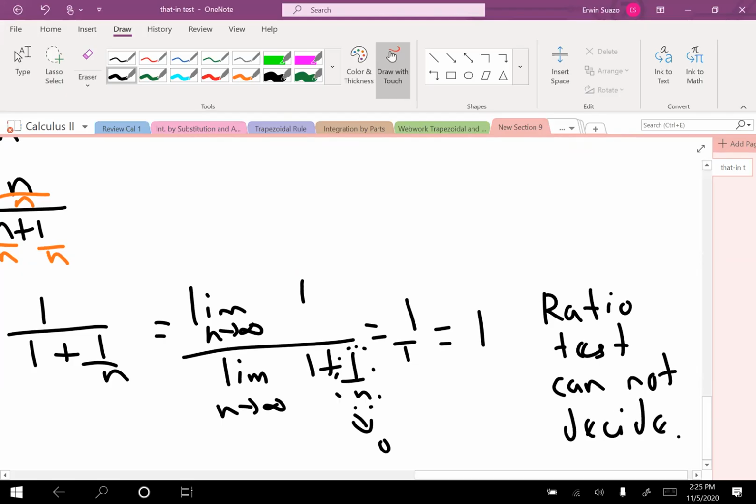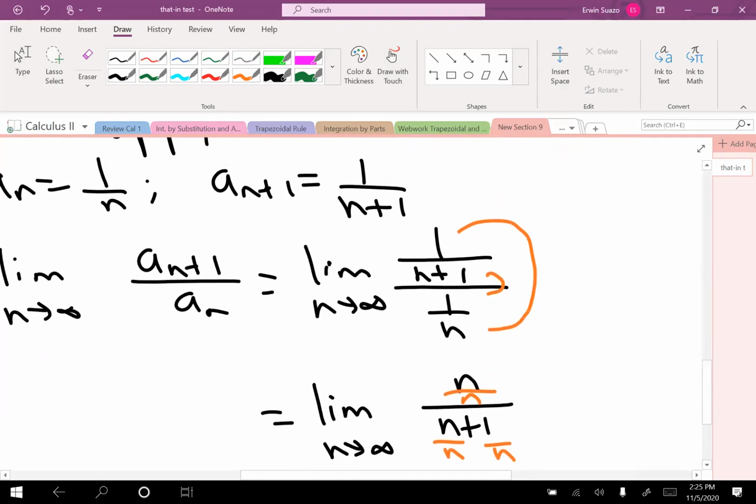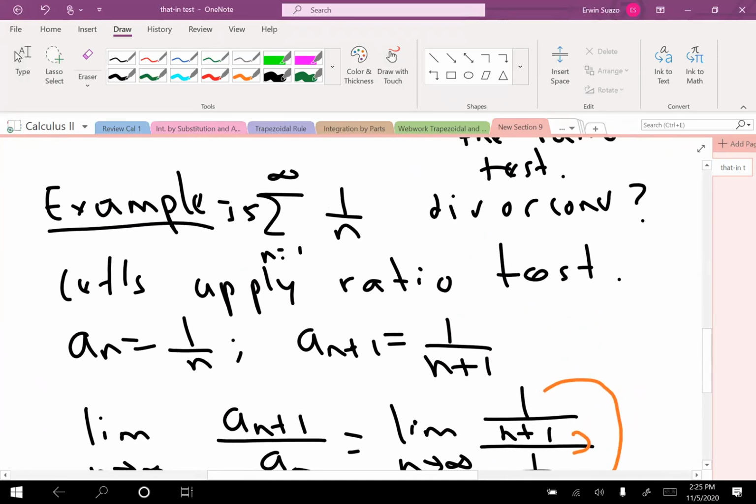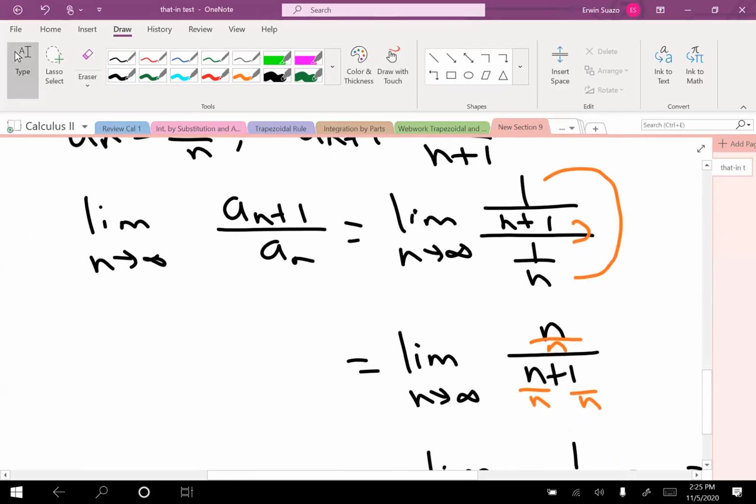So the ratio test is not almighty. If you get 1, then you have to find something else. That's why we did this one with the integral test, or similar to a p-series with p equals 1, so it's divergent. Okay, the last one.